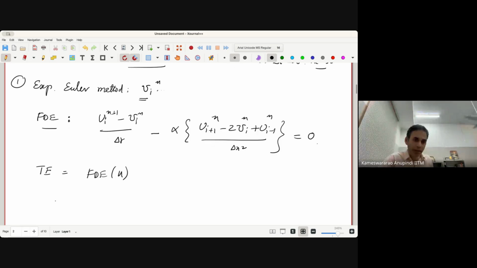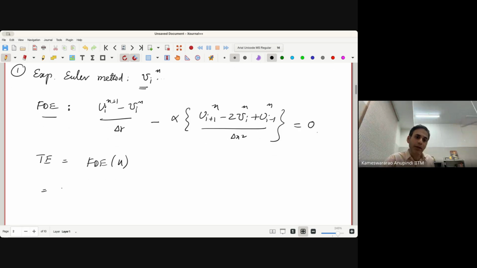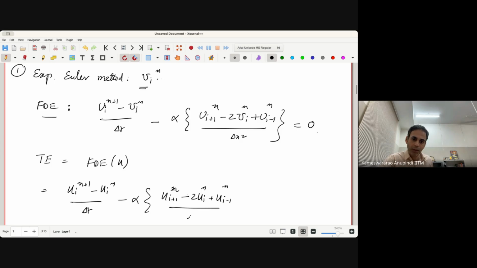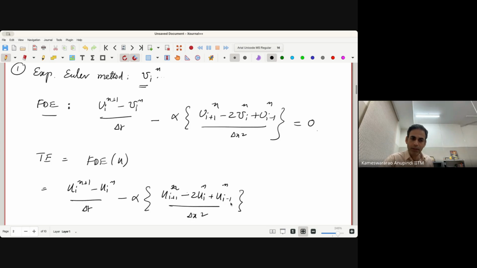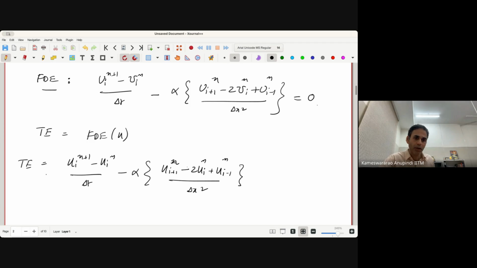That means I'm rewriting this to calculate the truncation error as little u_i^(n+1) minus u_i^n divided by delta t, minus alpha times (u_(i+1)^n minus 2 u_i^n plus u_(i-1)^n) divided by delta x square, right? That is my truncation error.